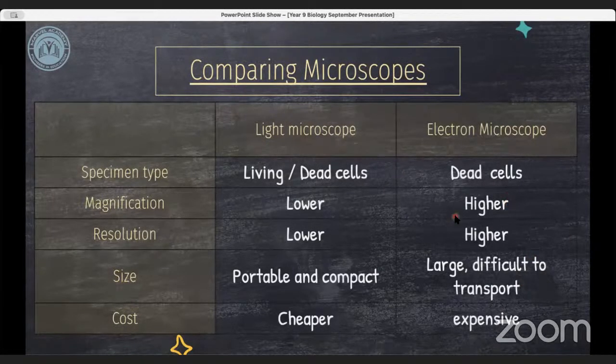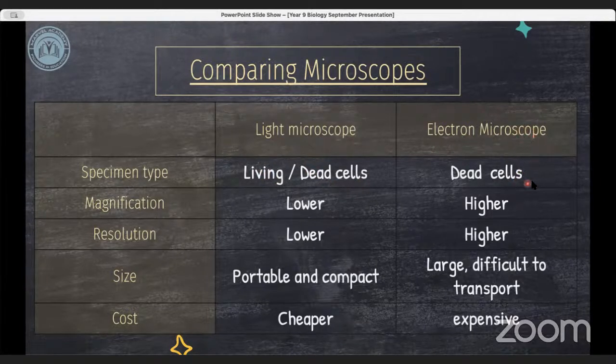Children, now let's go for an overview of the light microscope along with the electron microscope. In a light microscope, we can focus on living and dead cells.